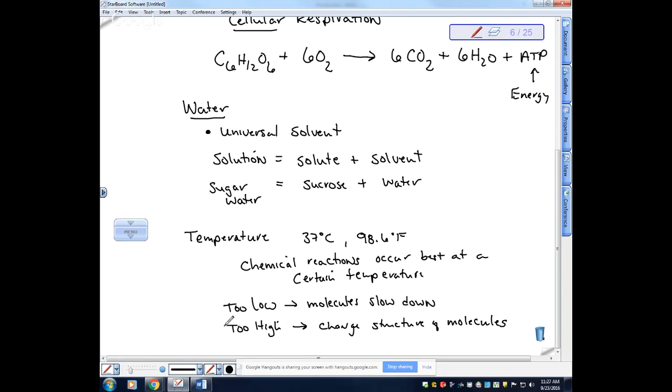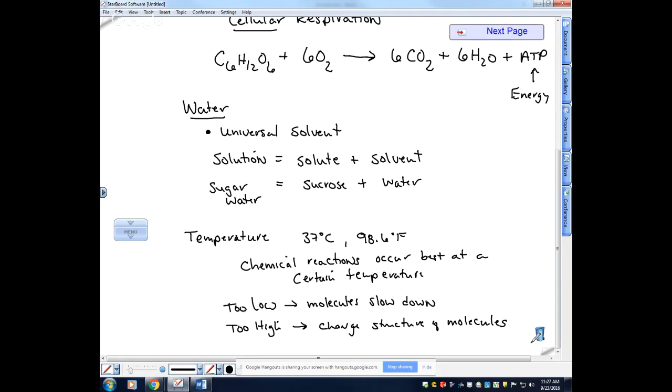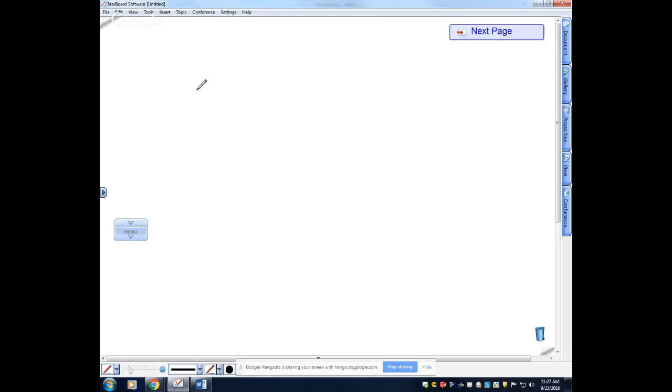The last one is kind of interesting. The last example is atmospheric pressure. Okay. So the last requirement or survival need is atmospheric pressure. This is measured in millimeters of mercury. And you might have heard of barometric readings that measure atmospheric pressure.